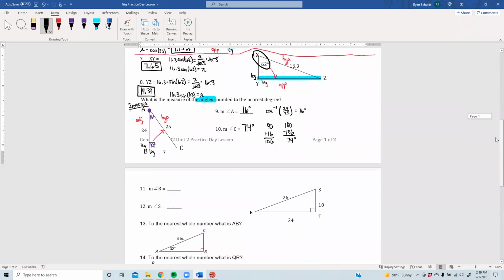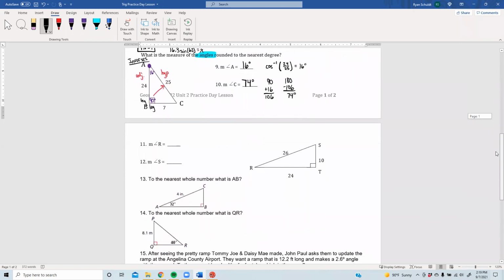We're still finding angles, just like we did on 9 and 10. So first angle they want us to find is angle R. Again, I do not care which two sides you use, since they give us all three. I'm going to use the opposite and the adjacent.